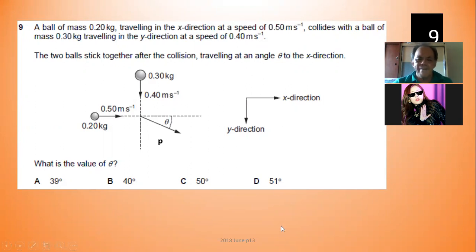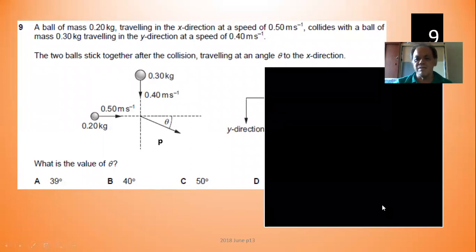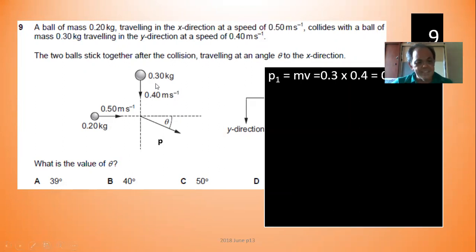Okay, remember, we are going to work with momentum. Momentum, not velocity. And it's a vector. So the momentum P1, calculate momentum, not velocity: mass times velocity.